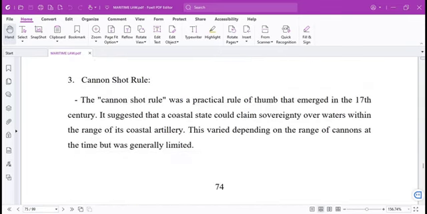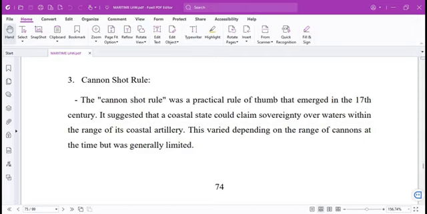Third one here is the canon shot rule. The canon shot rule was a practical rule of thumb that emerged in the 17th century.